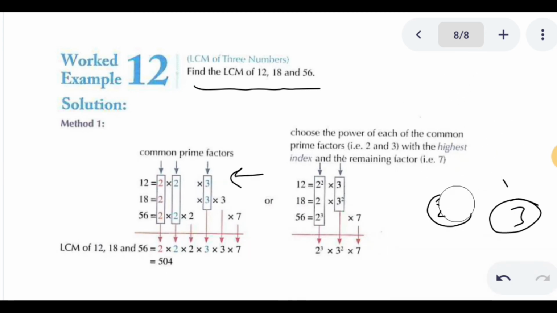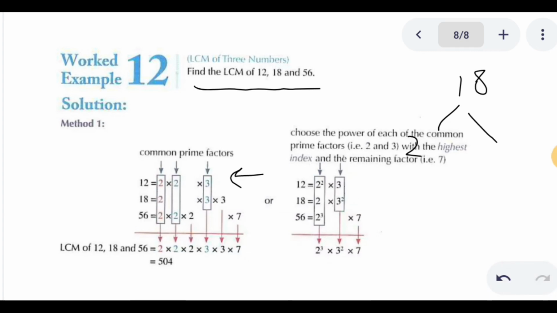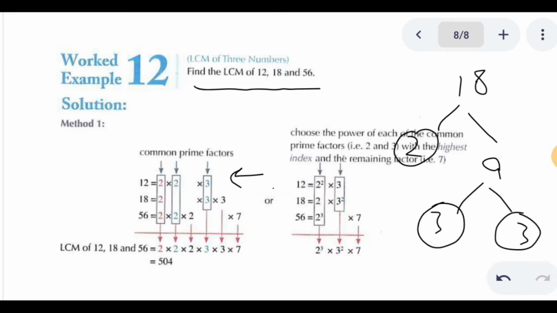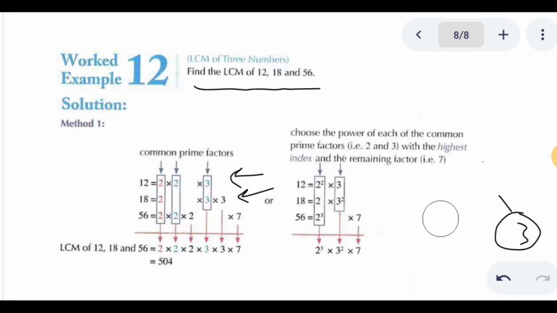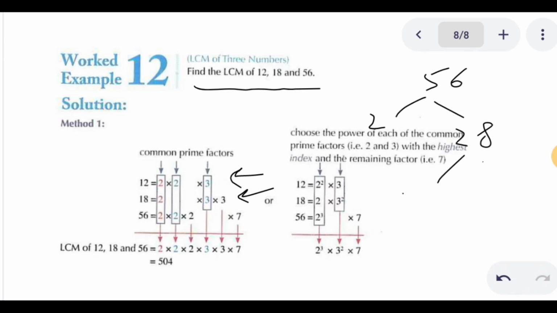Then we find the factors of the second number, that is 18, and its factors are 2, 3 and 3, and we have listed these factors here. And then for the third number, 56, we find the factors with the factor tree.